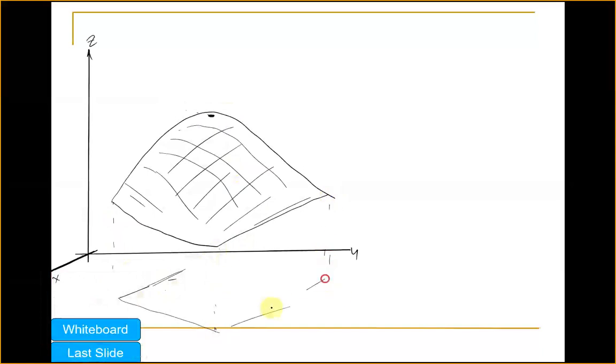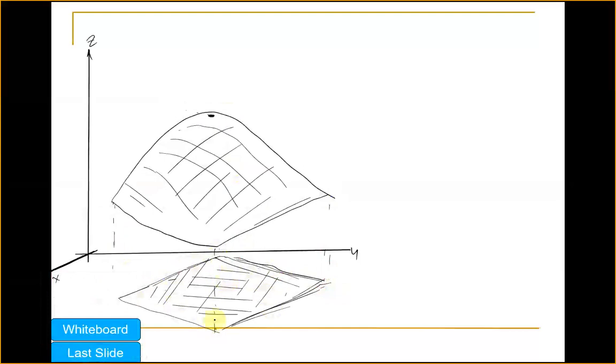The shadow on the ground. Hope everybody is getting what I'm saying. This is a shadow, okay? And so these lines would project as some shadows on the ground. Those are the constant x lines, and these will be constant y lines on the shadow. Everybody see the shadow?